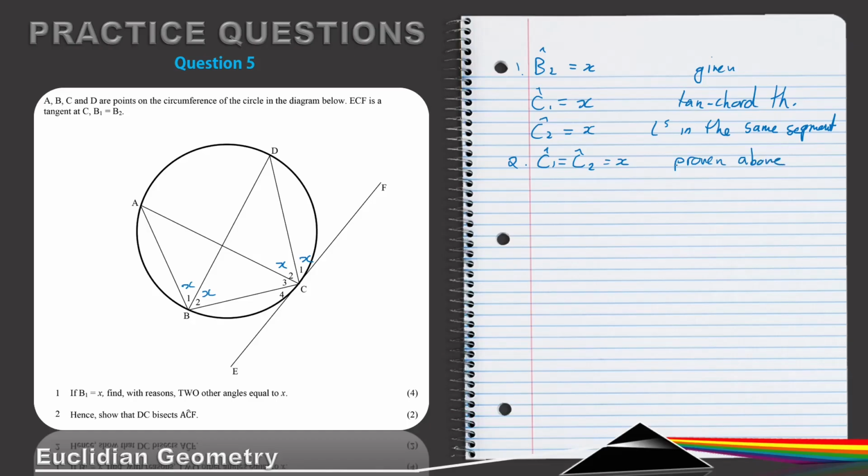I'm saying proven above because we're now in a new question. When you use something that you've shown in the previous question, you just write proven above. And then we can say, therefore, DC bisects angle ACF. Done.